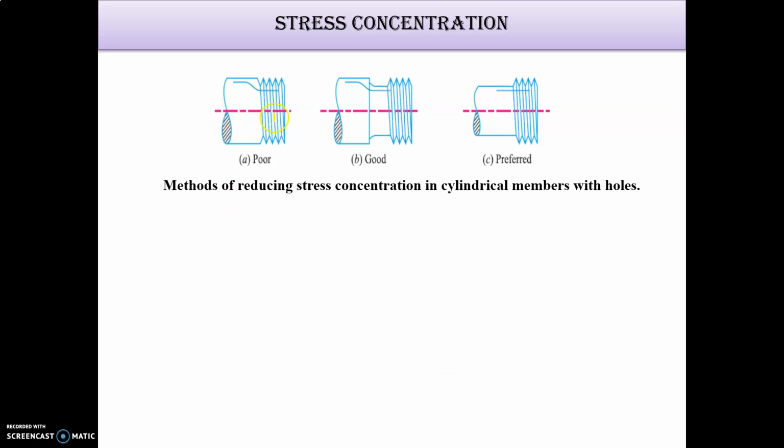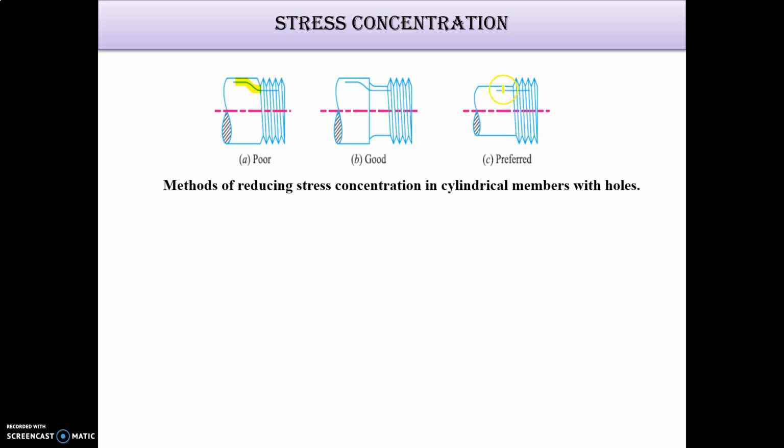Now for the threaded zone. For the threaded zone, you have seen that this is a poor design. This is a shank and a threaded part. It is started just after this. But for a good design, you need to give some space for this.